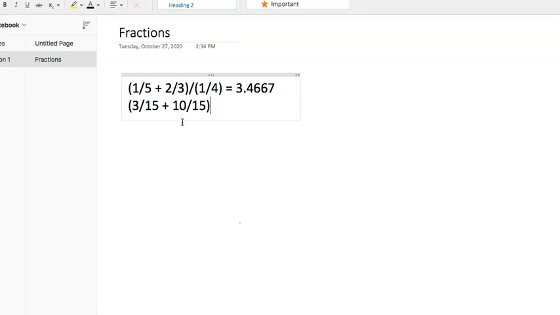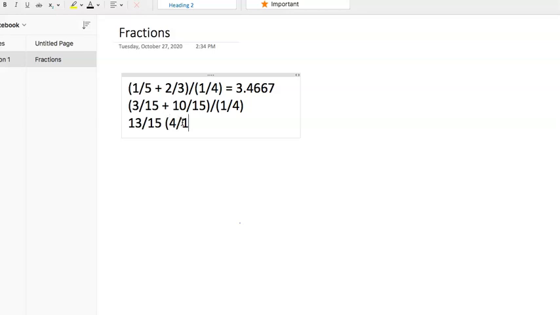Okay, times 1/4. Oh no, that's divided by 1/4, sorry. Divided by 1/4. Then we have the 3/15 plus 10/15, so we got 13/15, right? When you are dividing a fraction, I don't know if you remember this from high school, you flip the second number, so 1/4 becomes 4/1, or just 4.